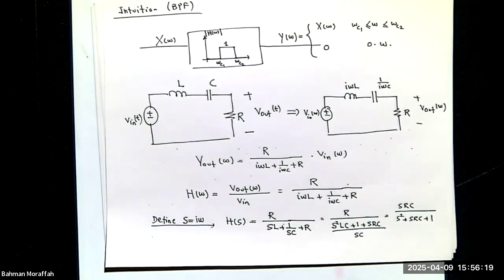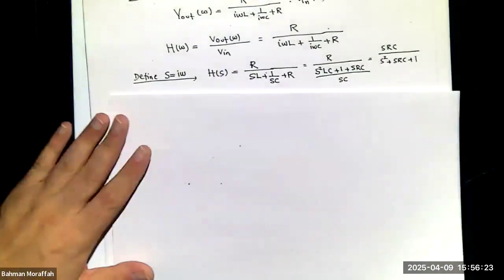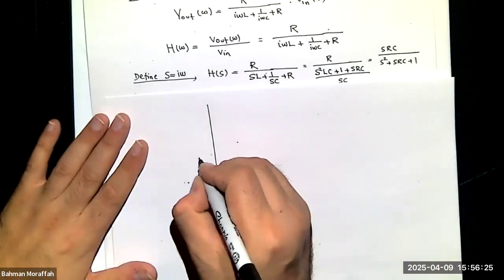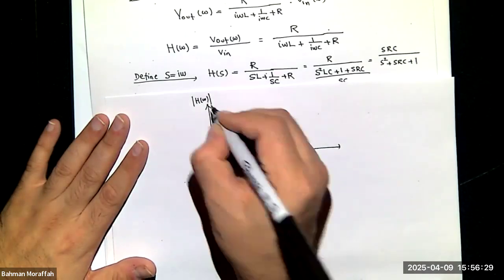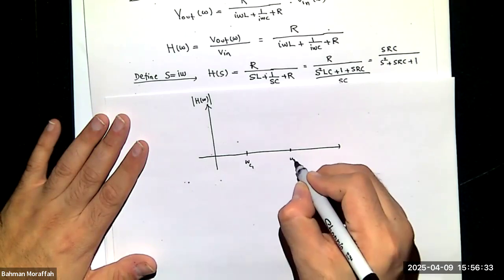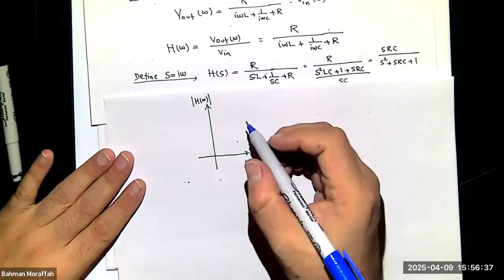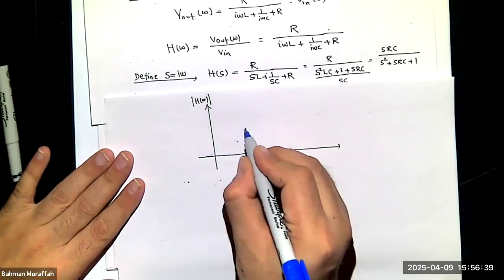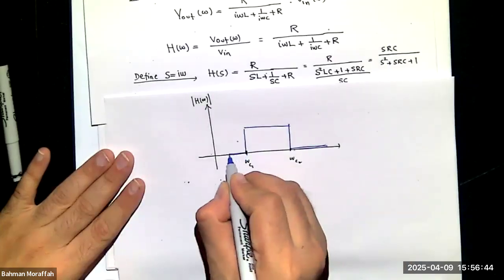And if I plot this, this is my ideal band pass filter.